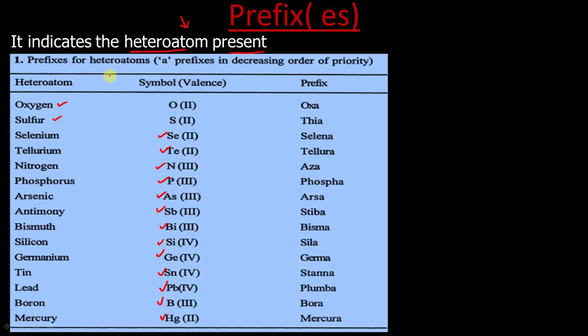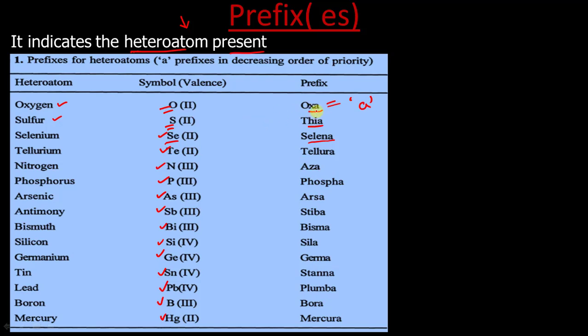Now let us see what the prefixes are. If we have a ring with oxygen, it will have the prefix oxa. So all the heterocycles containing oxygen will have names that start with oxa. If we have sulfur, the name starts with thia. If it is selenium, it is selena. You can see that all the prefixes end with a.